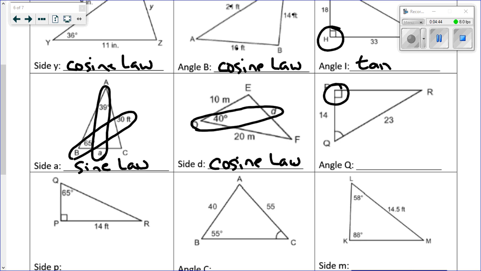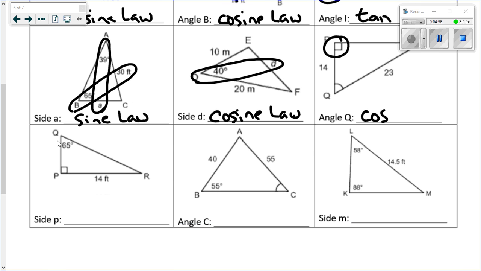So we got a 90 degrees if we're solving for angle Q. In this case, it's cos. Cosine is different than cosine law, like sine is different than the sine law. I wish they'd gotten a little bit more creative with their naming, but I didn't do it. Again, there's the 90 degrees. If we're looking for side P, which would be here, what would that be? Sine.